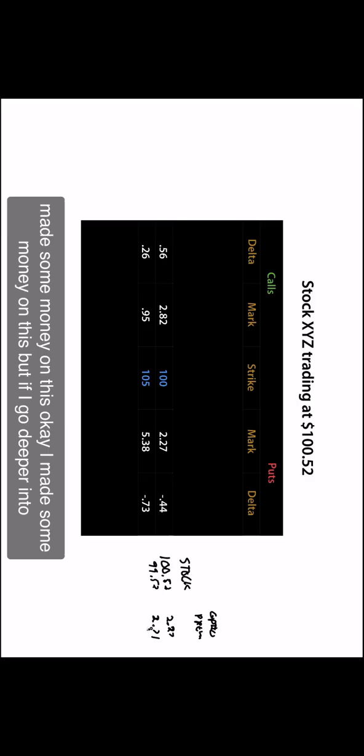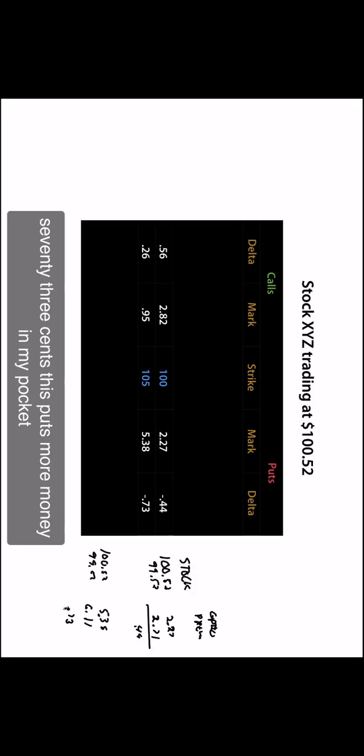But if I go deeper into the money, I'm going to pay more, $5.38. The stock's at 152. Now, if the stock drops to 99.52, that $1 move, since it's a put, I'm going to make money. Now I'm going to make 73 cents, which would be darn near $6. Yeah, 611 would be your option value. $6.11.